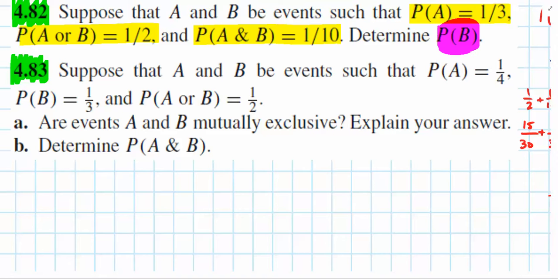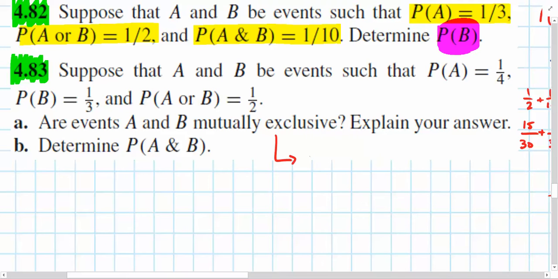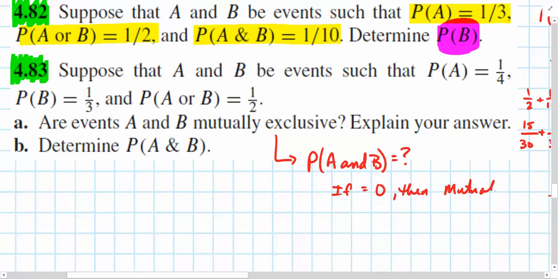And essentially what that comes down to is, what does the probability of A and B look like? Because if this probability is equal to 0, then we know that they are mutually exclusive. If it's not equal to 0, then they're not mutually exclusive. So if it equals 0, then they are mutually exclusive.